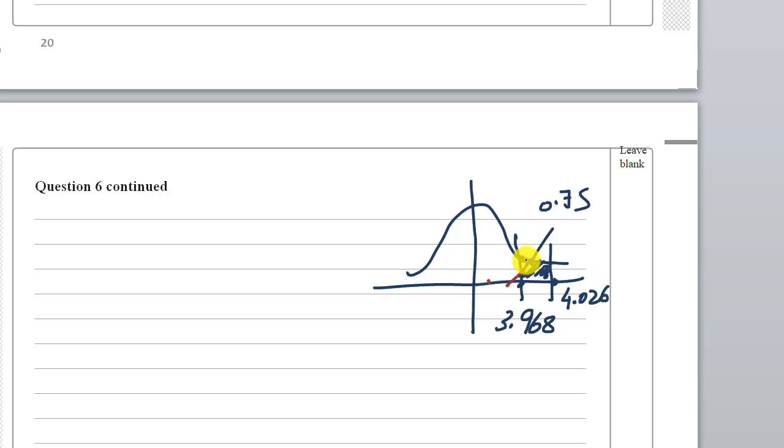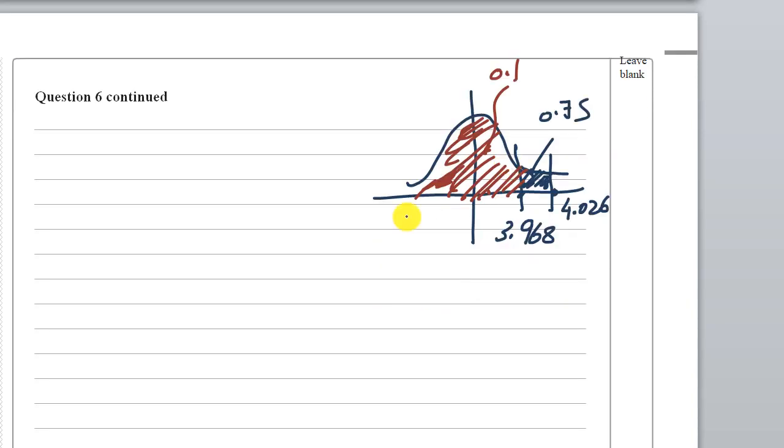This area total from the previous part is equal to 0.1. So for less than 4.026 it is equal to 0.1 plus 0.75 equal to 0.85.